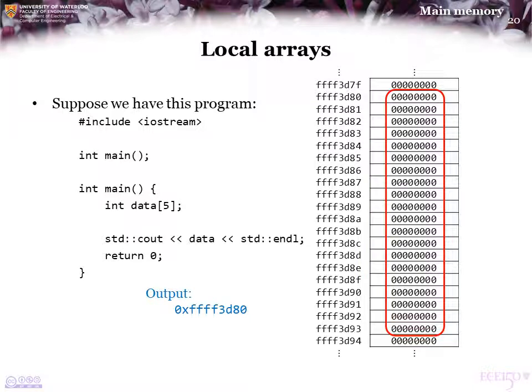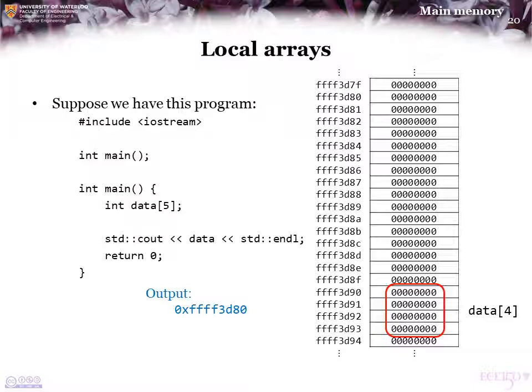So there are the 20 bytes, and in these 20 bytes, the first 4 bytes will be used to store the value of data 0, or the first entry of the array. The next 4 bytes will store index 1, or the second entry of the array, and so on and so forth. Each subsequent set of 4 bytes stores the next entry. You can sort of see what happens here.